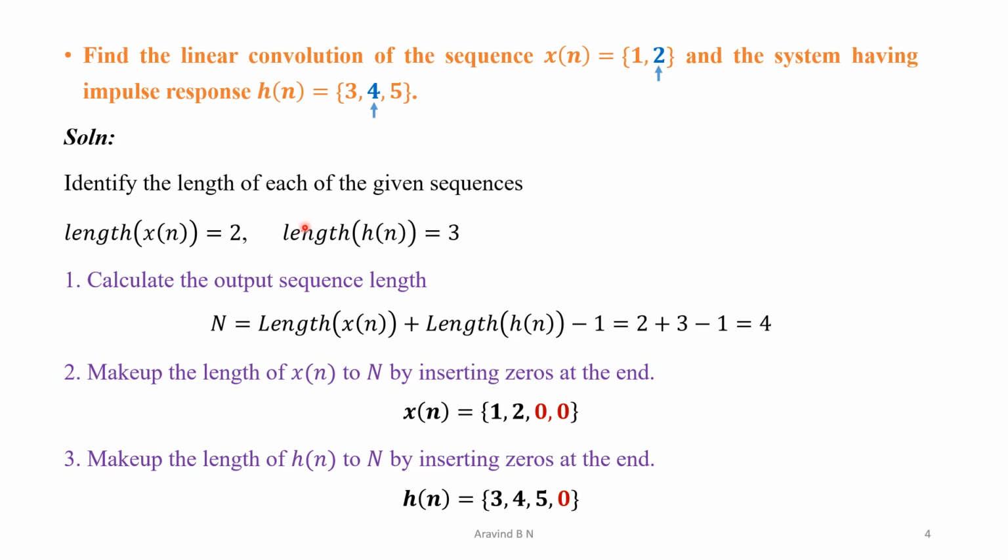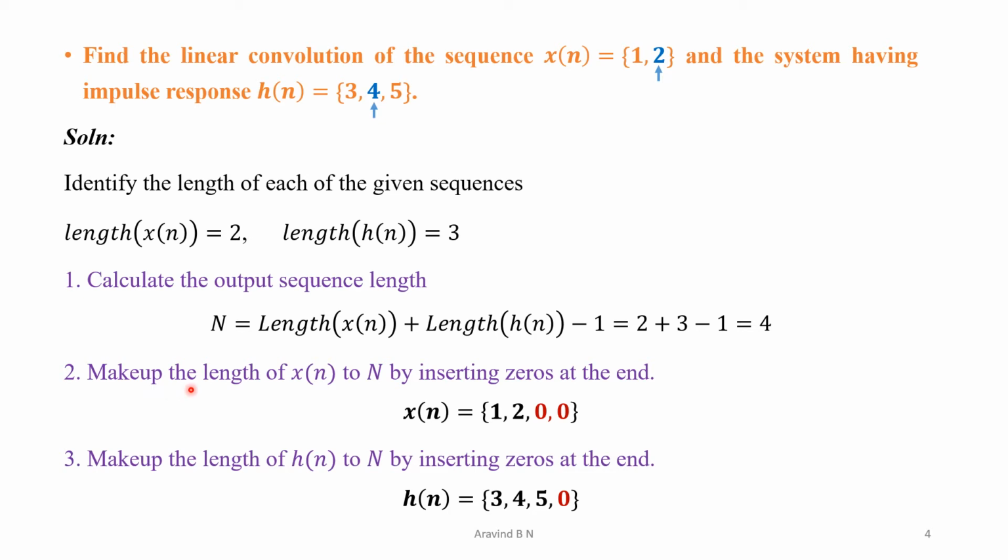Now given the sequences x of n and h of n, first identify the length of each of these sequences. So length of x of n is equal to 2, length of h of n is equal to 3. Going through the steps. Step 1. Calculate the output sequence length given by capital letter N is equal to length of x of n plus length of h of n minus 1, that is 2 plus 3 minus 1, that is equal to 4.